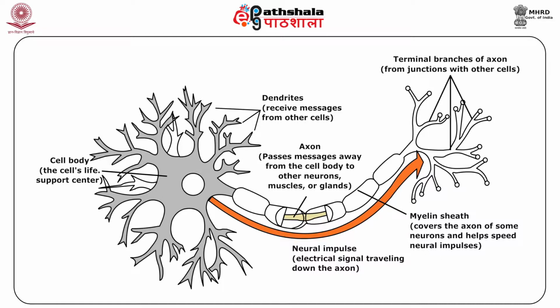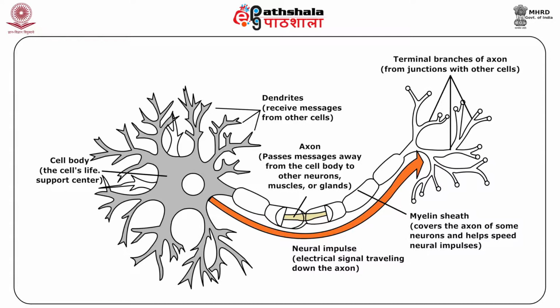The axon may or may not have a myelin sheath, a fatty covering which is interrupted at the nodes of Ranvier. Neurons with a myelin sheath conduct faster than those without it. Certain cells called Schwann cells make up the myelin sheath.